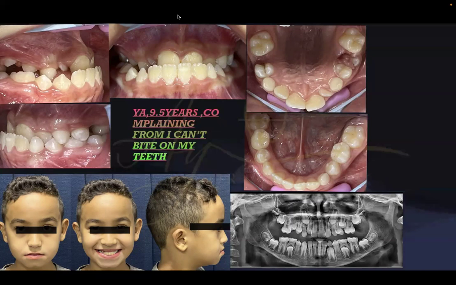Altered eruptive path, incisal wear, gingival hyperplasia or gingival coverage of the incisor region.